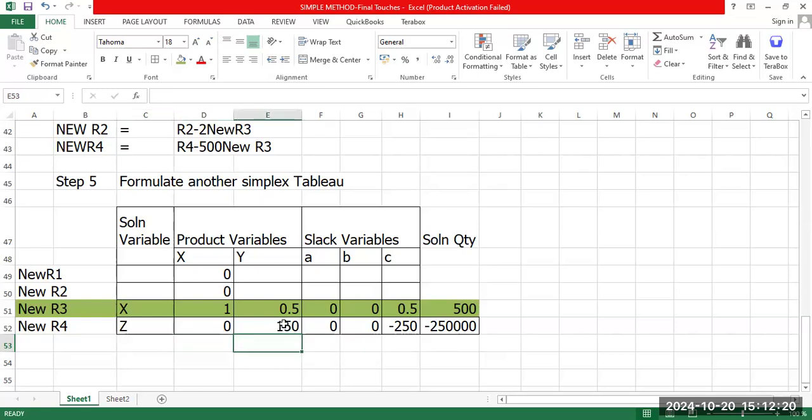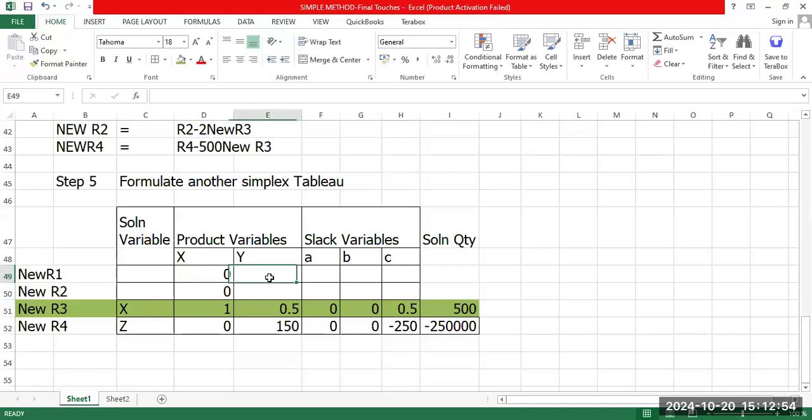The fact that you still have a positive value on your product variables, you will repeat the procedure. And once you say that you're going to repeat the procedure, you must be very fast. So it means that you confirm that you're going to repeat the procedure since you still have a positive value under the columns for product variables. So fill very fast, and repeat the procedure.